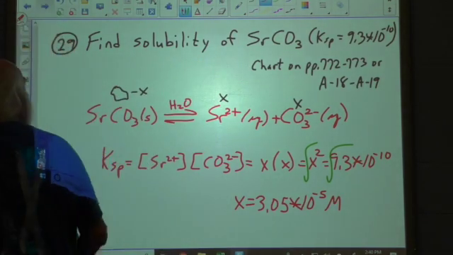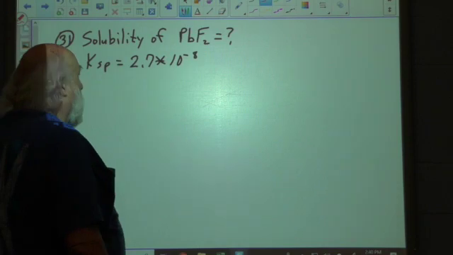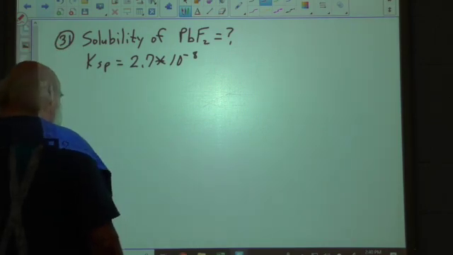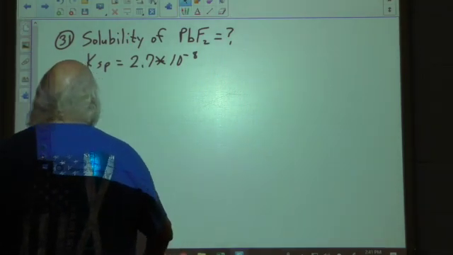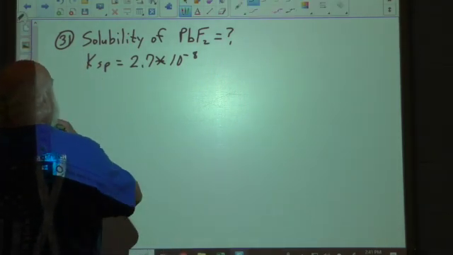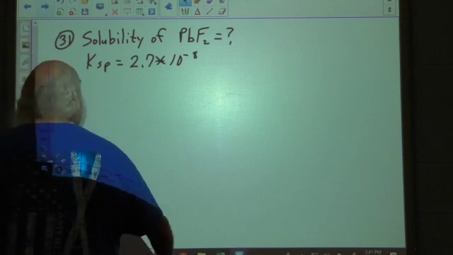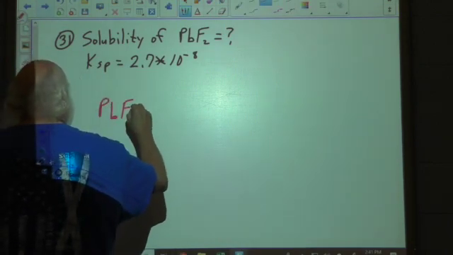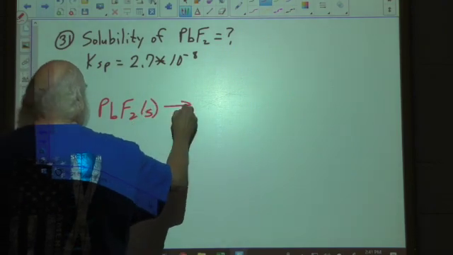Last problem. Same kind of problem as that, only now we're going to have a coefficient in our dissolving reaction. Okay? So, here we go. PbF2, solid, double arrow.